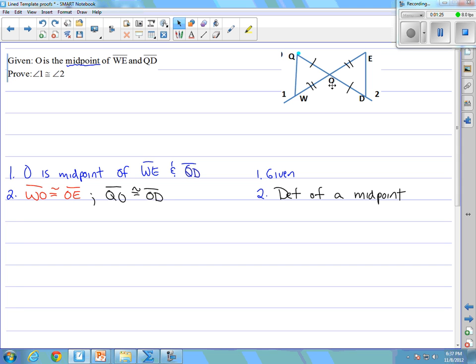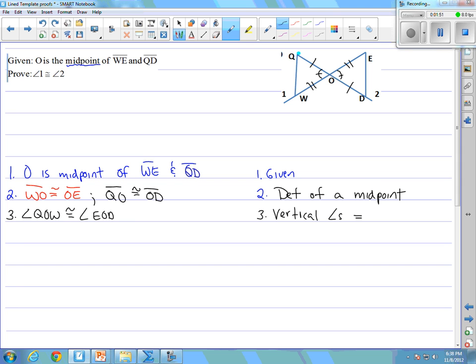Looking at our picture, we should know that this piece of information is hidden in the picture. They're vertical angles. So I want to say that angle QOW is congruent to angle EOD, and my reason is that vertical angles are congruent.